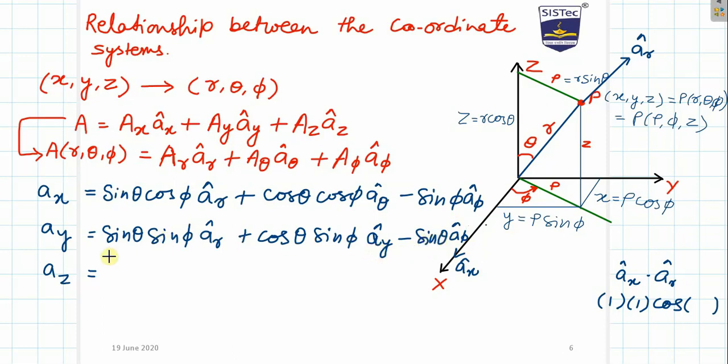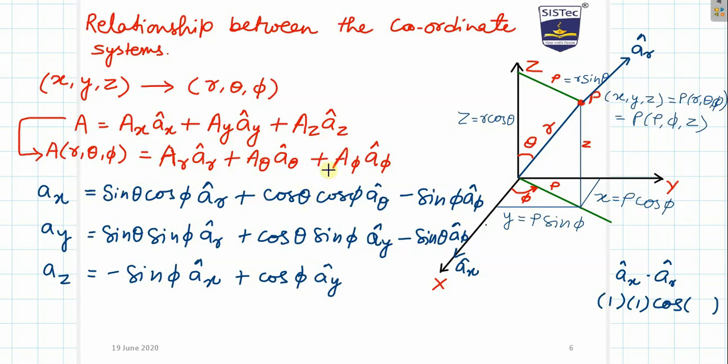Next one is minus sin phi along the z direction, AX, and then plus cos phi AY. Fine, so this can also be represented in terms of a matrix.